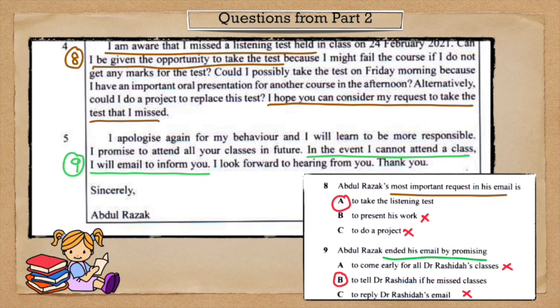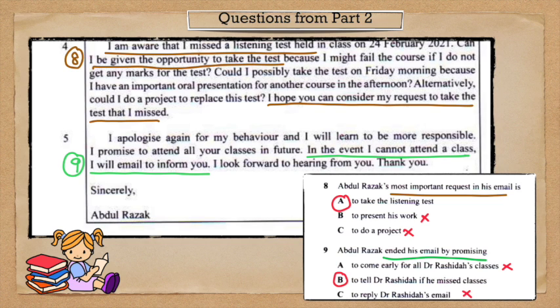Alright, so we look at the text in paragraph 4. I am aware that I missed a listening test held in a class on 24th February 2021. Can I be given the opportunity to take the test because I might fail the course, and so on. And then again, he repeated that his request should be considered, to take the test that he missed.